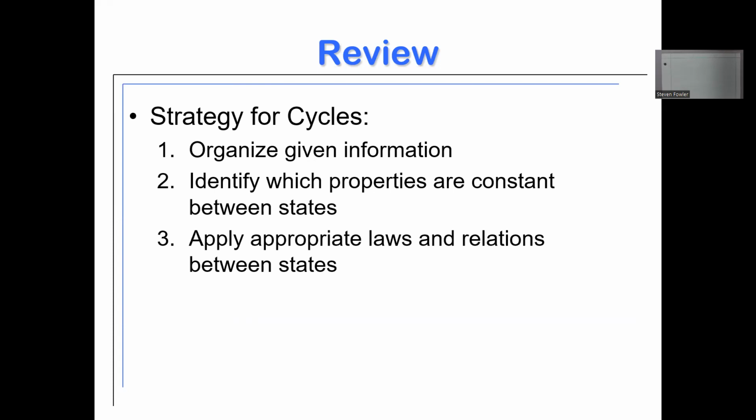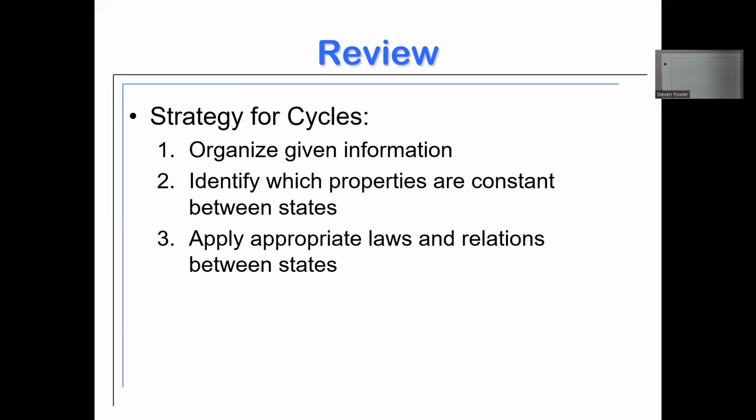In the vapor cycles in chapter 11, that's not going to be too much different. The difference is, can I get an enthalpy value for either the water or the refrigerant, whatever it is I'm working with, at each state? If I can get the enthalpy value at each state, then I can figure out the first law at each state. But again, the strategy is going to be about the same.